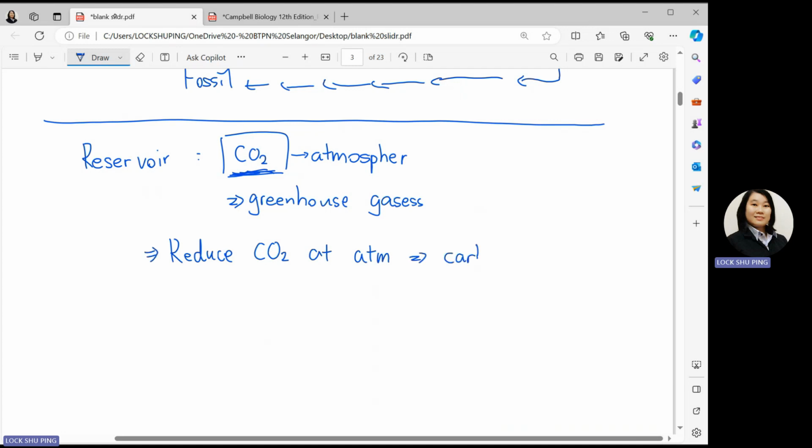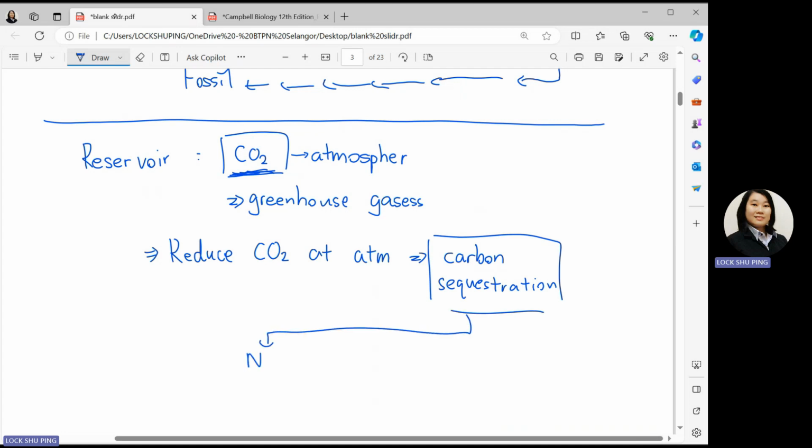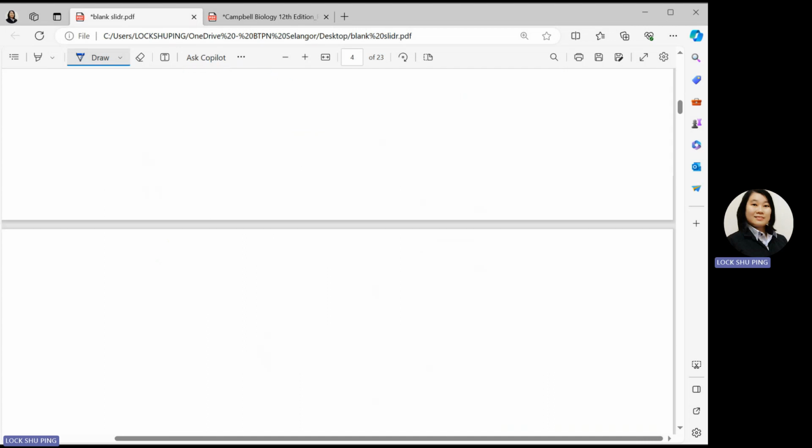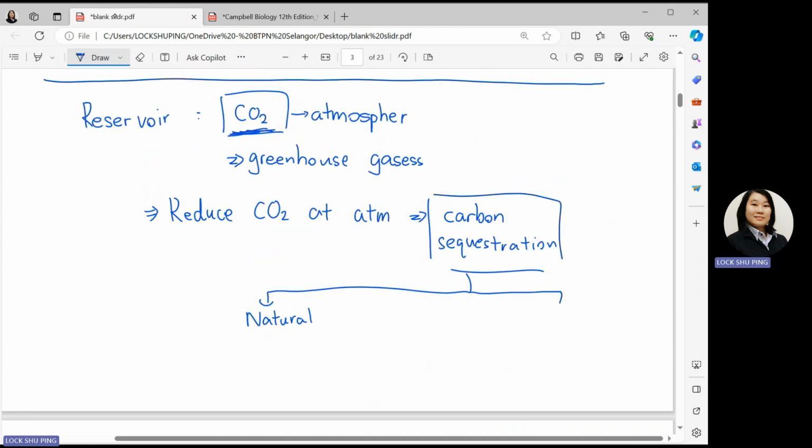We call it carbon sequestration. Carbon sequestration can happen naturally, or it can also be a human-involved activity.